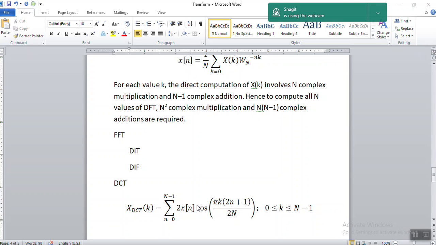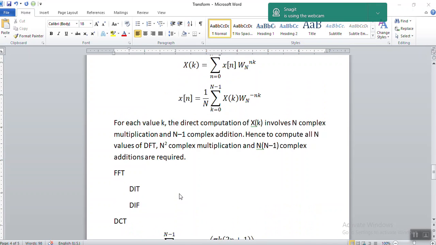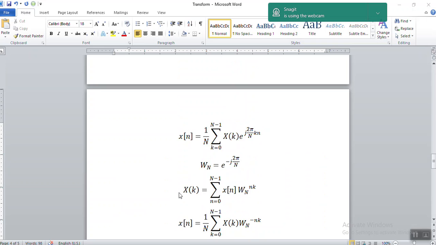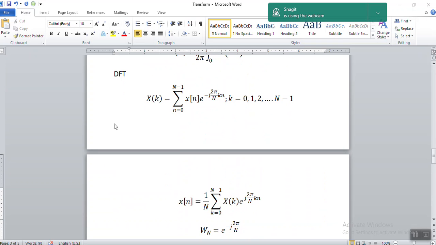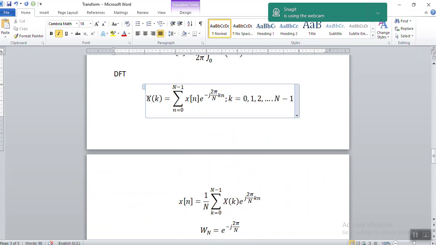another relationship of DTFT or DFT. So, if you look at this DFT formula, again X of k is this. In this formula, e to the power minus j 2 pi by N k n is a complex quantity. Since it is a complex quantity, it can be represented as cos of 2 pi by N k n minus j sin of 2 pi by N k n.